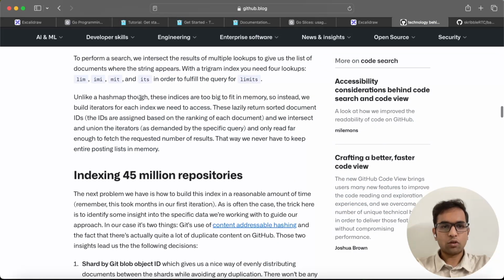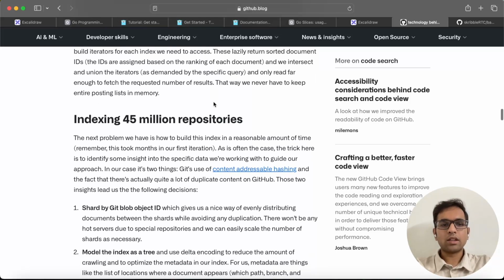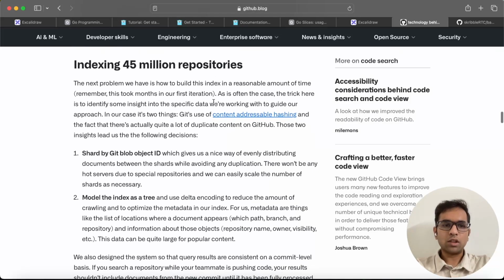As they have also mentioned here, unlike a hash map, these indices are too big to fit in memory, so instead we build iterators for each index we need to access, and then these lazily return sorted document IDs, which can then be unionized or intersected or anything that we want, and then returned to the user, right?